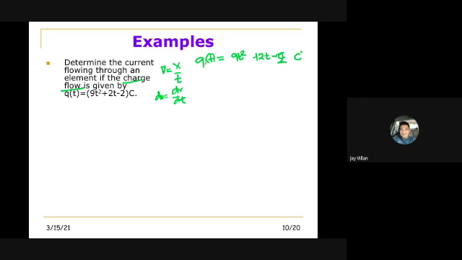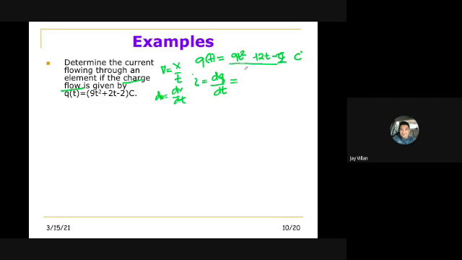Since the rate of flow of charge is what we call the current, I is equal to dq over dt. In order to get I, all we have to do is to derive this equation here.